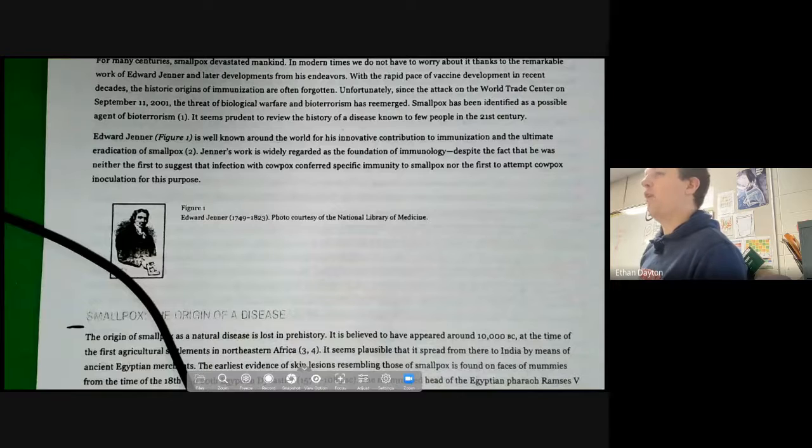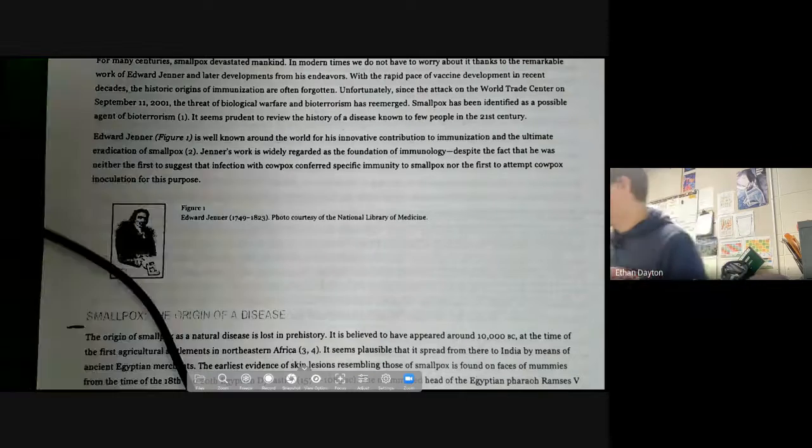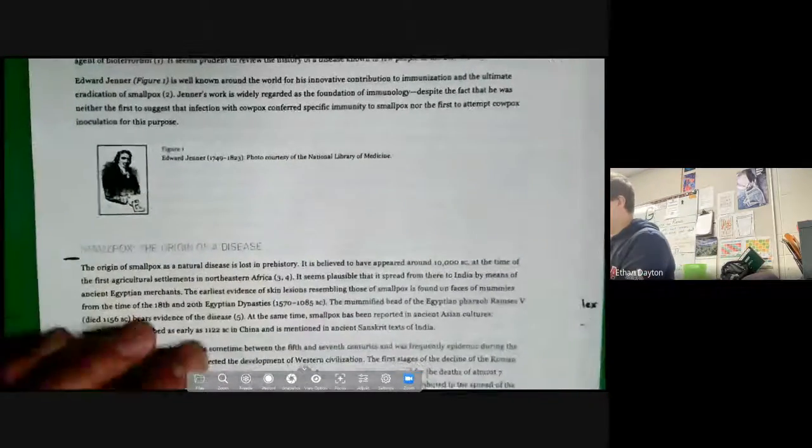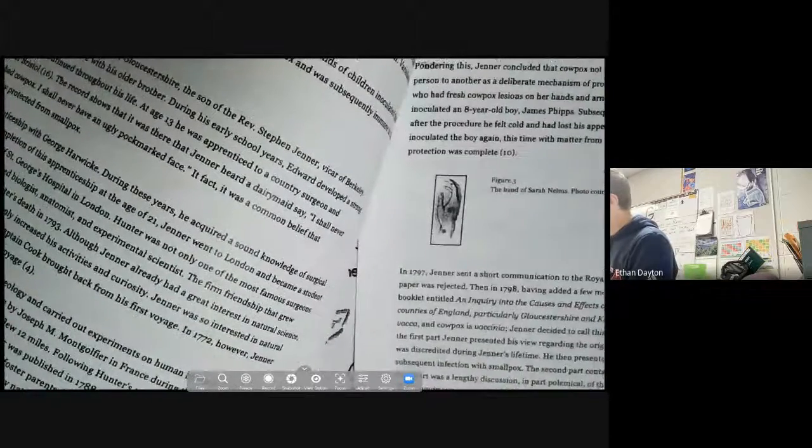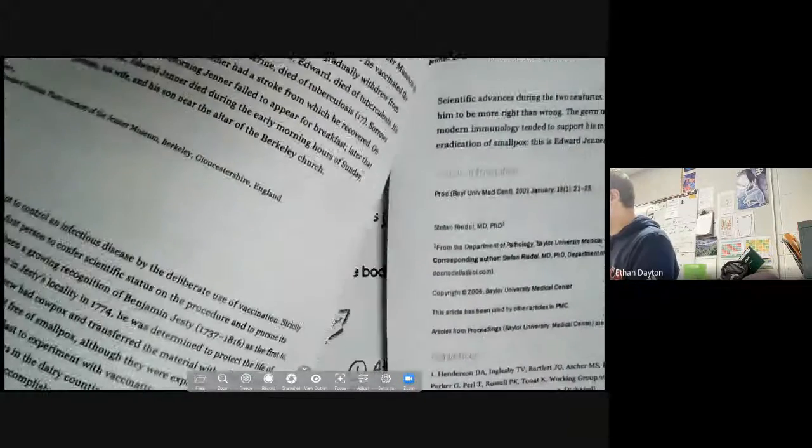Jenner's work is widely regarded as a foundation of immunology, despite the fact that he was neither the first to suggest that infection with cowpox conferred specific immunity to smallpox, nor the first to attempt cowpox inoculation for this purpose. So he wasn't the first to suggest it, but Edward Jenner was essentially the developer of the first vaccine.